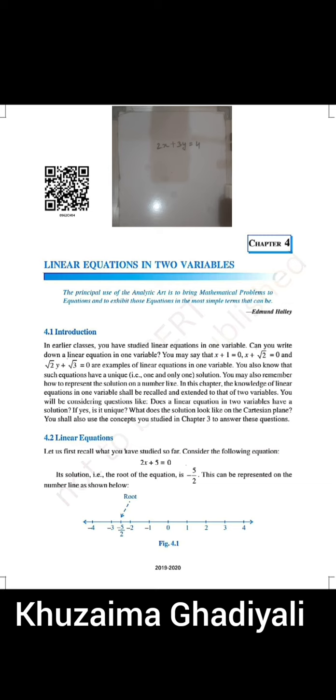Now we know that for each value of x there will be a different value of y. So here we can say that in this linear equation in two variables, there is no fixed solution, there is no fixed point for every solution.